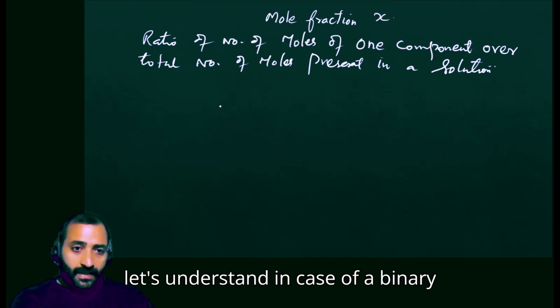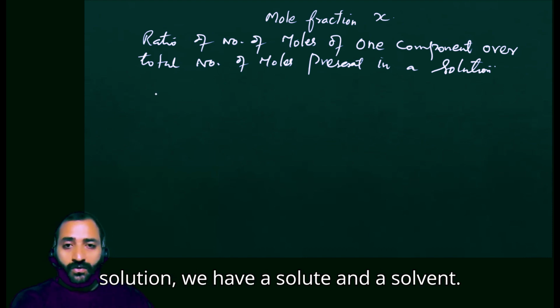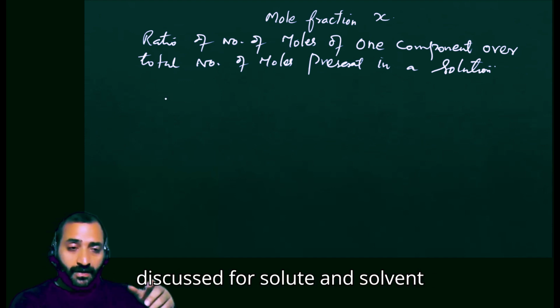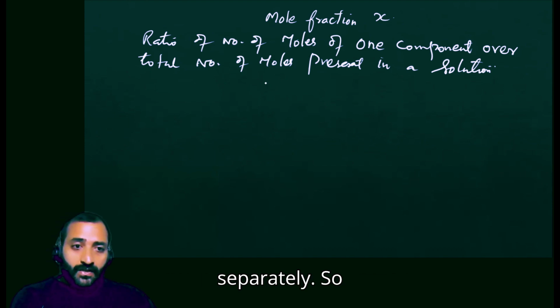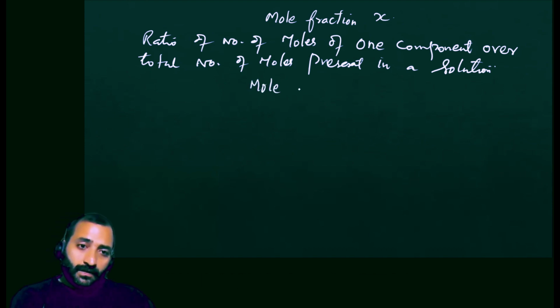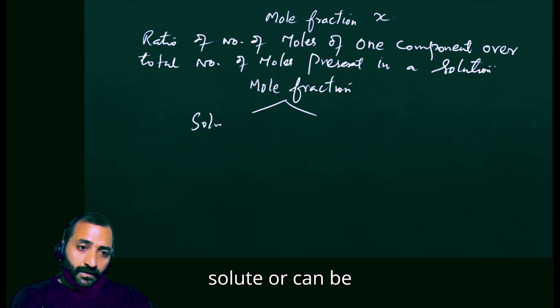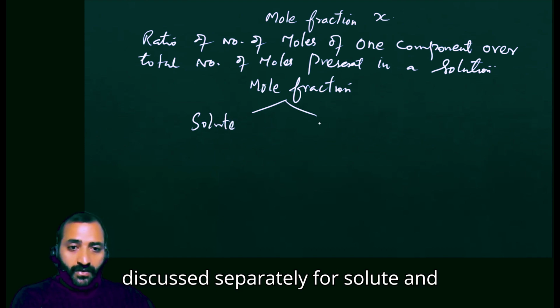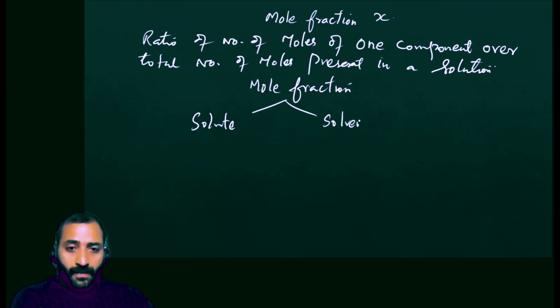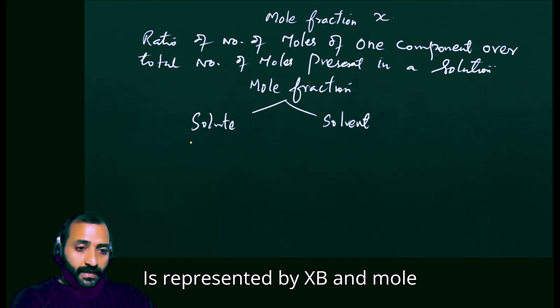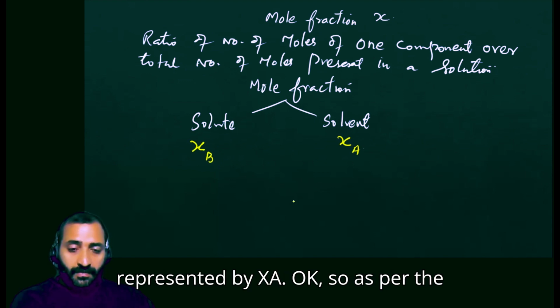Now let's understand, in case of a binary solution, we have a solute and a solvent. So mole fraction can be discussed for solute and solvent separately. Mole fraction in case of solute is represented by xb, and mole fraction in case of solvent is represented by xa.